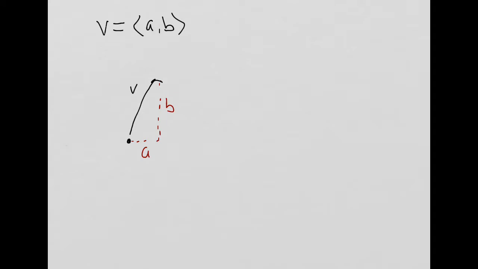So I get a horizontal and a vertical component, ordered horizontal first and then vertical second, just like what we're used to. But what's nice is that I can always represent a vector, as long as it's got the same length and direction, I can move it wherever I want.